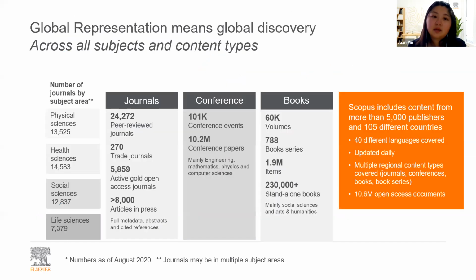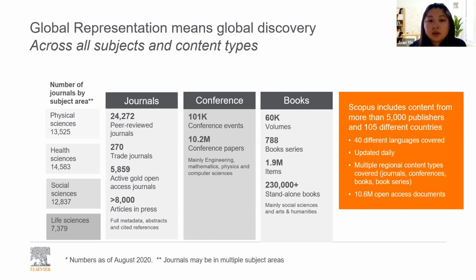Here is the record split of Scopus. You can see the numbers of journals by subject area. We cover not only physical science and health science, but also social science journals. Social science journals are also quite a large part of the journals we selected.